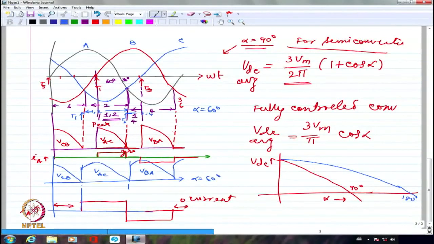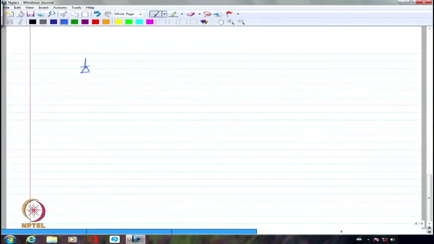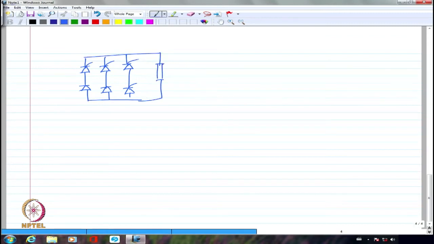What I mean is, if I have a fully controlled converter, let me probably talk about commutation again. So, these are the 6 devices. If T1 is fired and T5 is going off, let us say I am firing T1, okay?